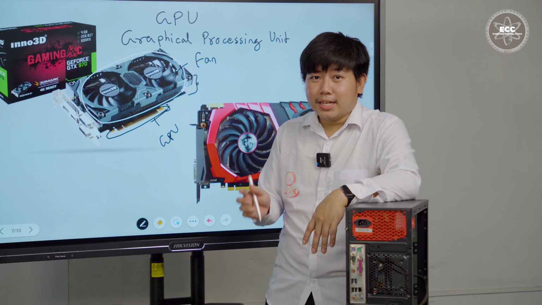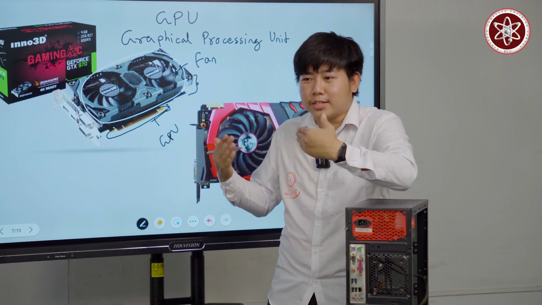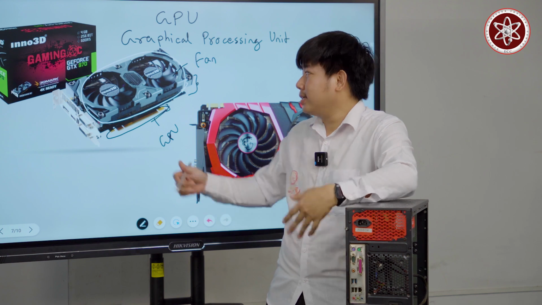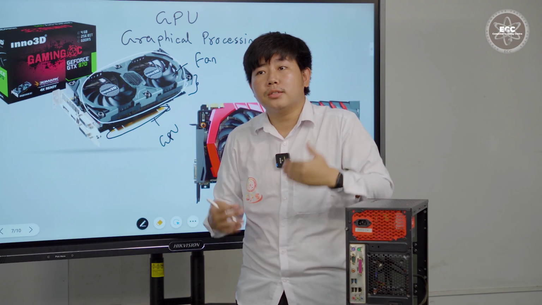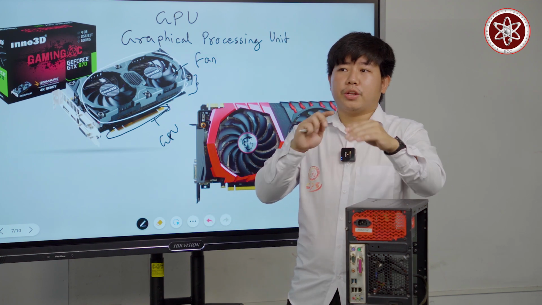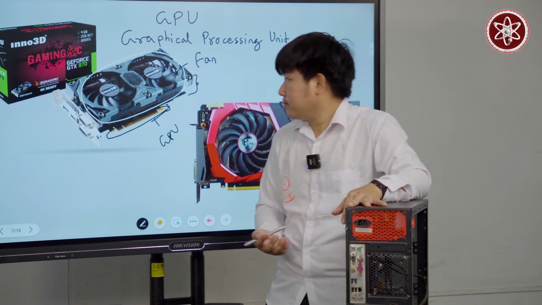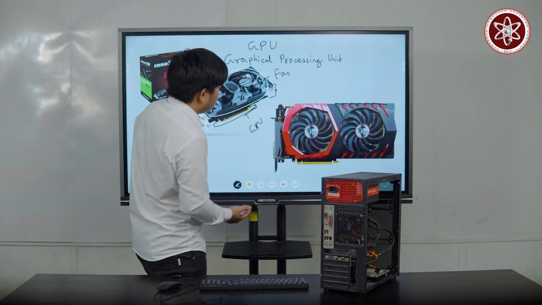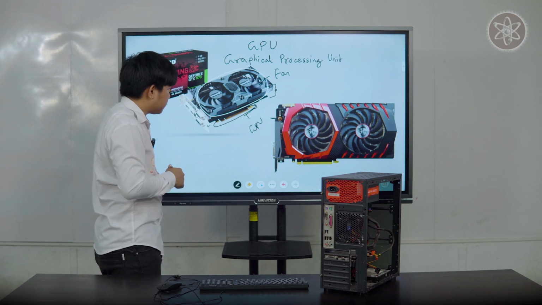In that case, the CPU cannot process all of the display requirements anymore. So GPU takes over the display and it modifies and improves the output, and then it could show in a 144 Hz and 4K display. So these are the GPU. Both are GPUs from different brands and companies.